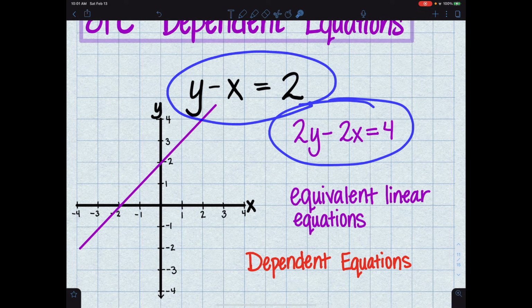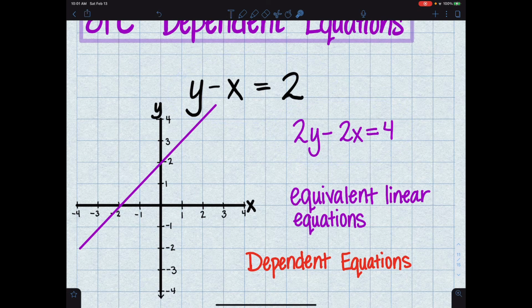And there's an infinite number of ordered pairs where x and y satisfy both of these. It's going to be the same spot everywhere because it's on the same line. So there's an infinite number, right?